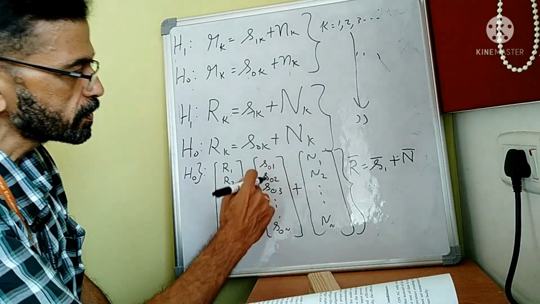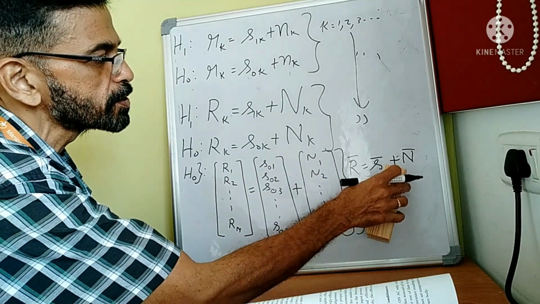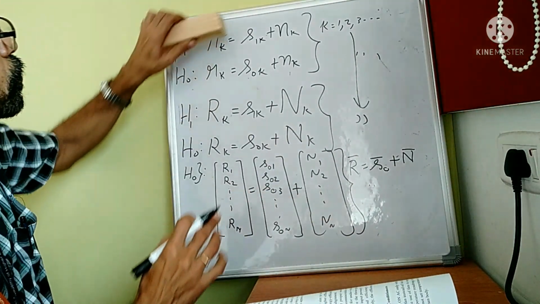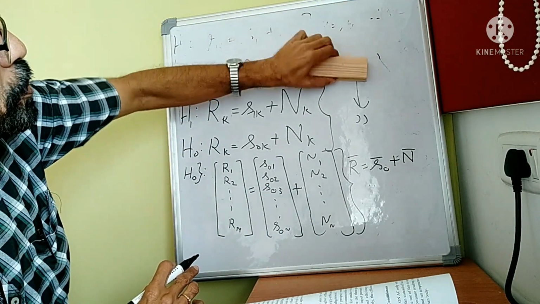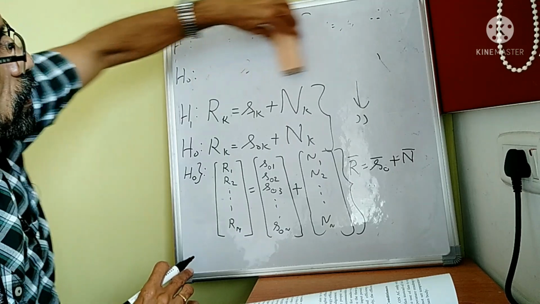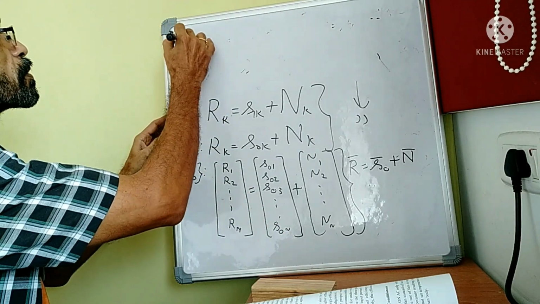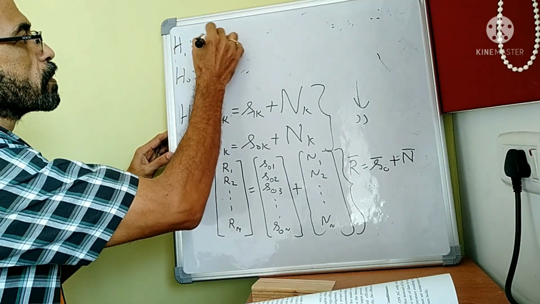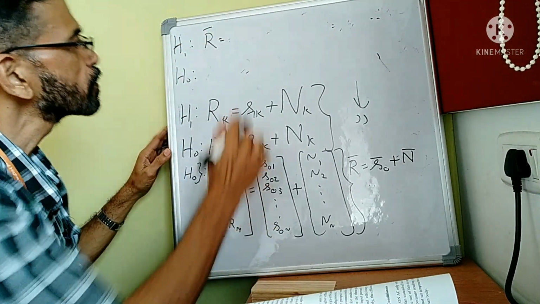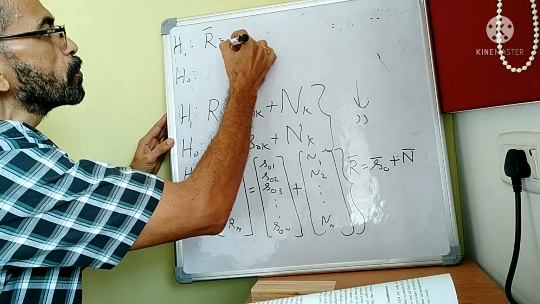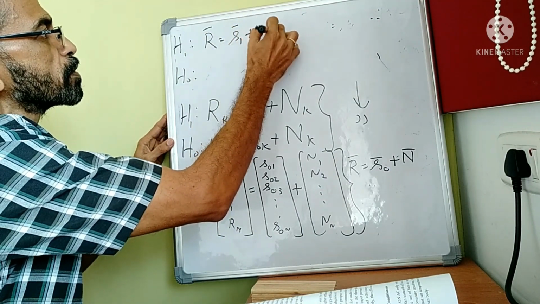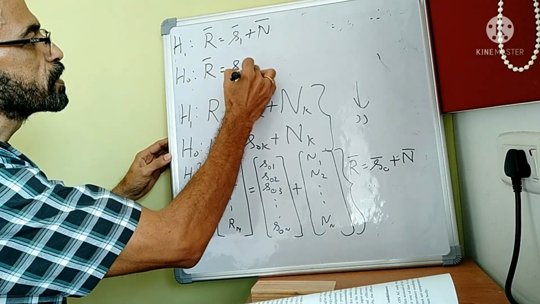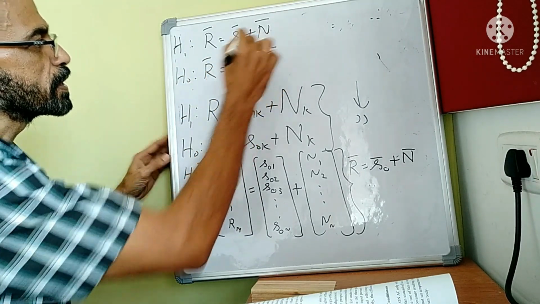So again, we can write it in an elegant form like this. To put it in the final form, when H1 is the true hypothesis, the received random vector is equal to S1 plus n. When H0 is the true hypothesis, the received random vector is S0 plus n.